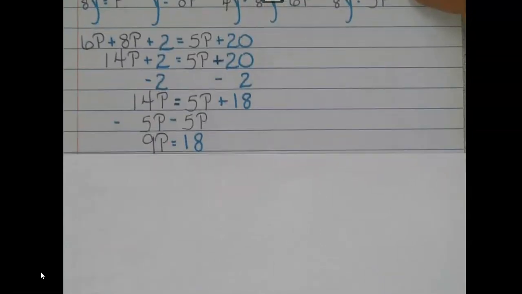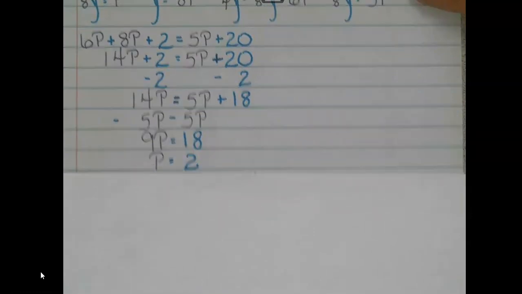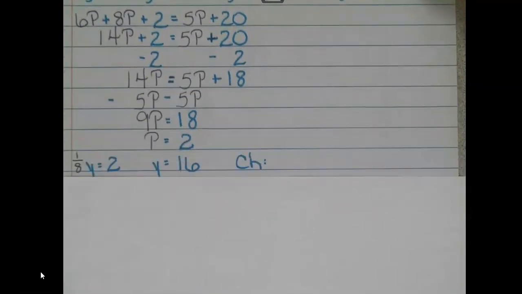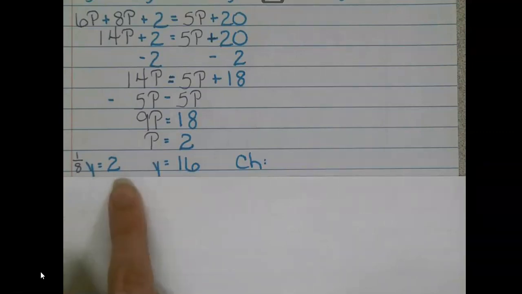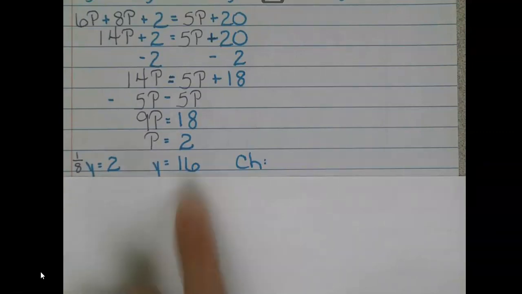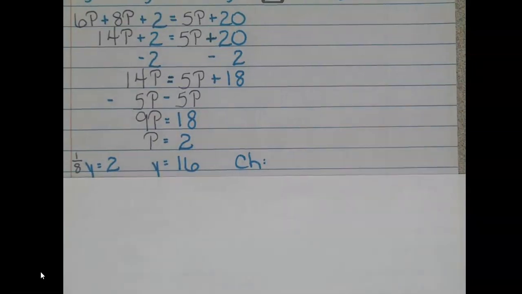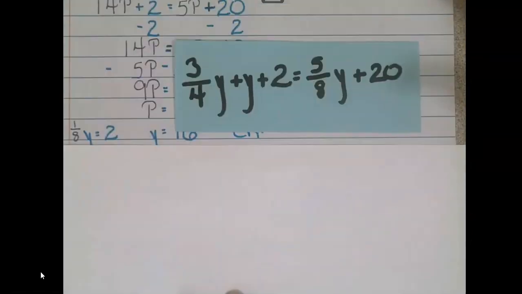So if 9P equals 18, P is equal to 2. I can now put that in for my values. So P is represented by my 1/8 of y. So 1/8 of y is 2, meaning y is 16. And then to do the check, we will simply plug those new values into our original equation.